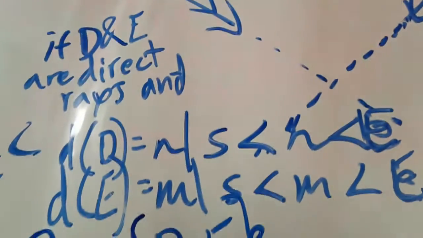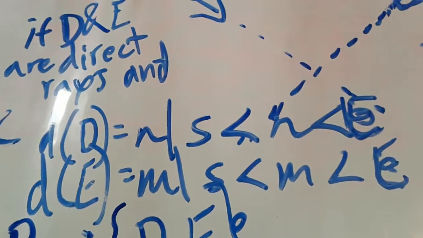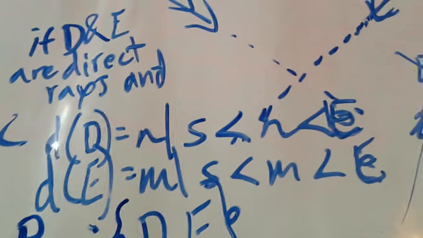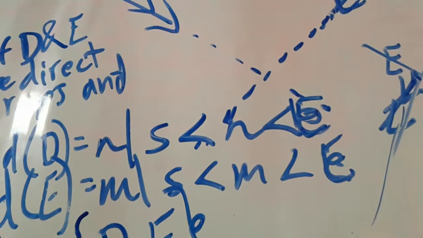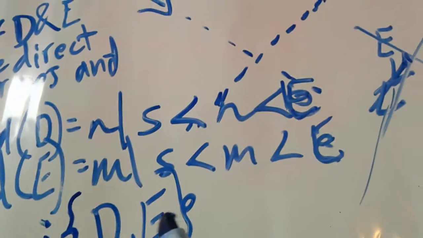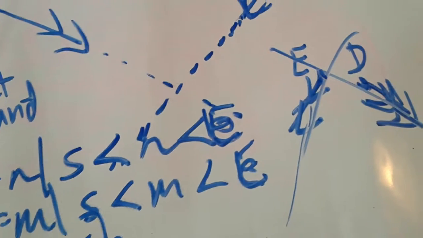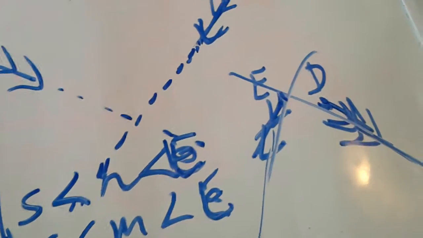If all of these criteria are met, if D and E are direct rays and the direction of D is between south and east, and the direction of E is between south and east. Hold on, I made a mistake. The direction of E should be west and south. Okay.